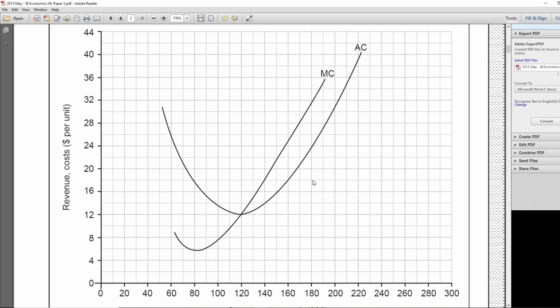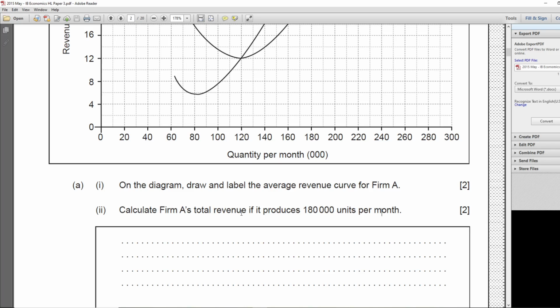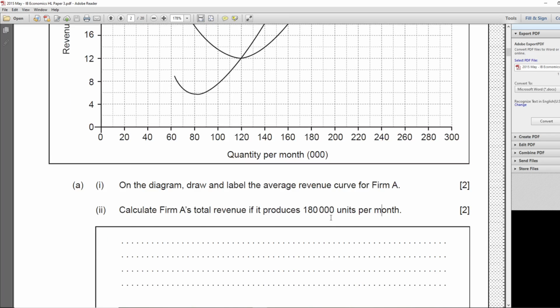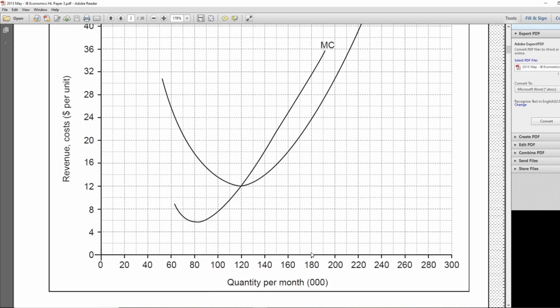So it's here. 18 times 180,000, then you will get the total revenue at that output. Am I correct? Right. So that's how you can calculate it.